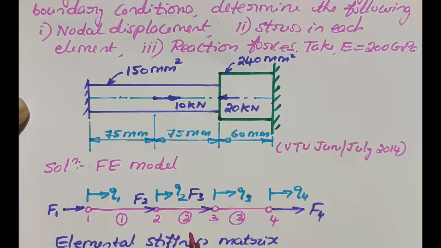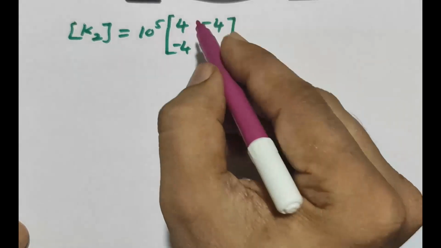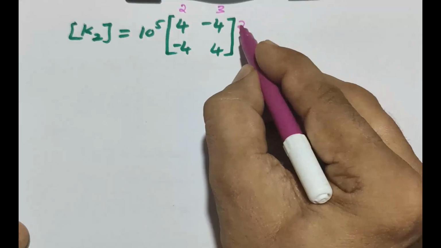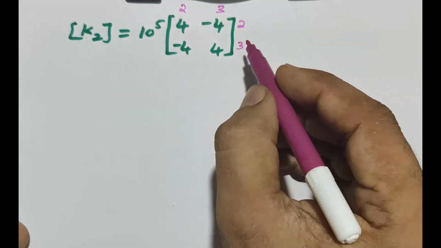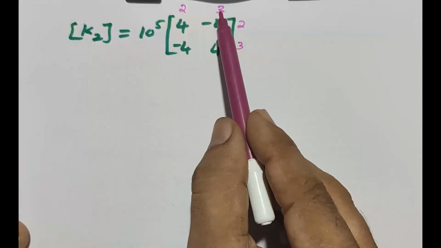Now see the FE model. The second element connects node number 2 and 3. Therefore, in the elemental stiffness matrix of the second element, I will give the node numbering 2, 3, 2, 3, because the second element connects node number 2 to 3.